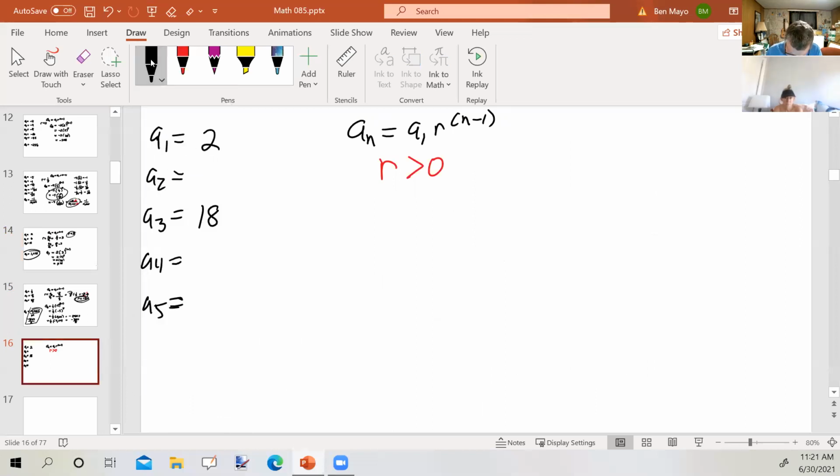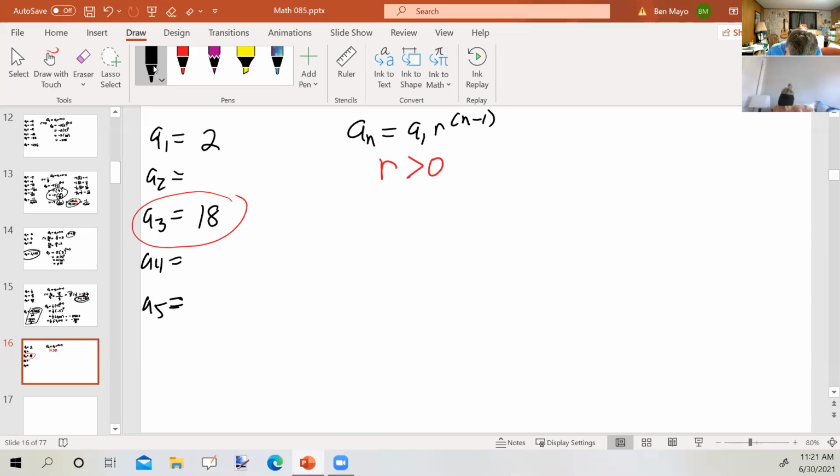So we can't really find the common ratio easily because we don't have two consecutive terms in the sequence. But think back to what we did yesterday. Let's take the fact that a sub 3 equals 18, along with plugging that into our formula.